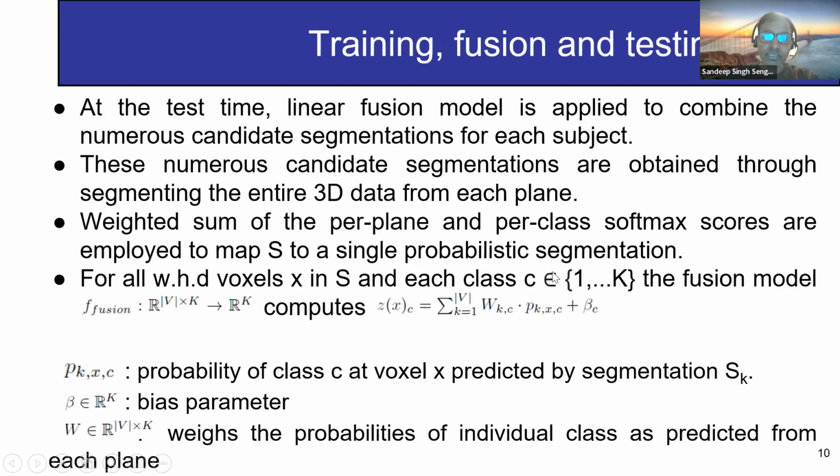For fusion purposes, as I told you, we consider the generated probability p_kc from that UNet model as an input for the fusion. And for w_kc and beta_c, we assign random weights in the beginning. Now for fusion, we will train this function.